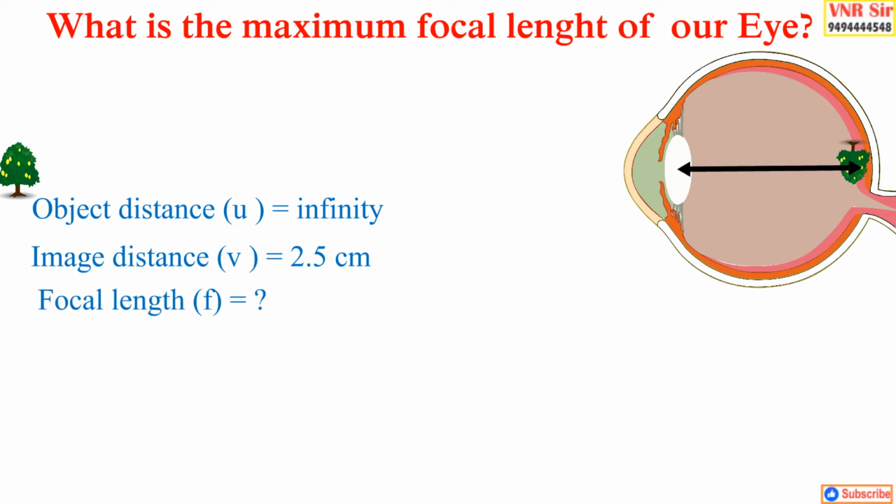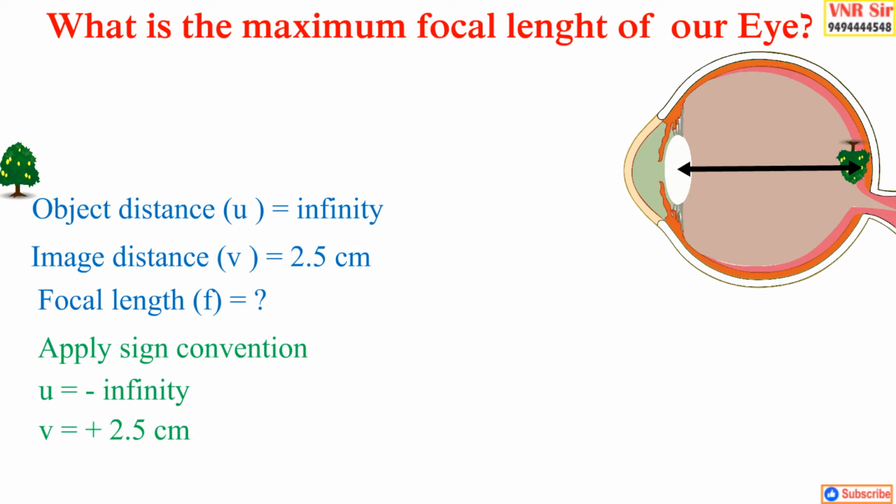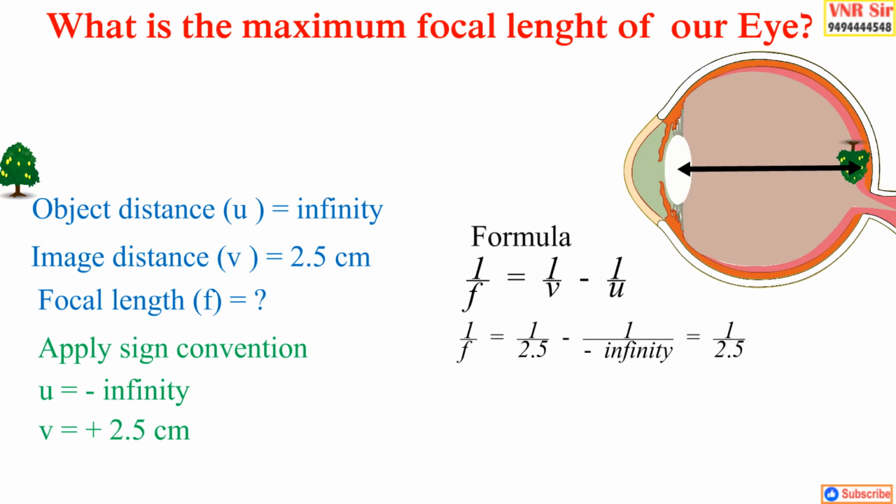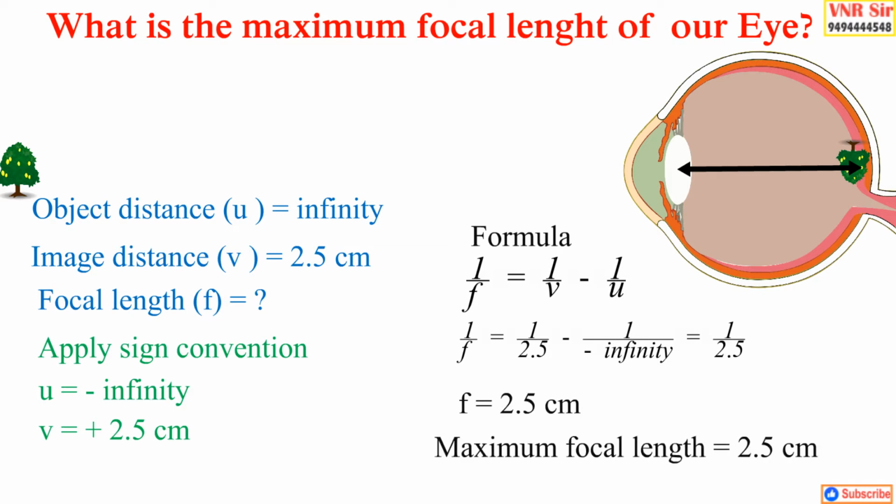By applying sign convention, object distance is negative, that is minus infinite, and image distance is positive, plus 2.5. So the formula is 1/f = 1/v - 1/u. On substituting and simplifying, you will get the f value as 2.5 centimeter. So the maximum focal length of our eye lens is 2.5 centimeter.